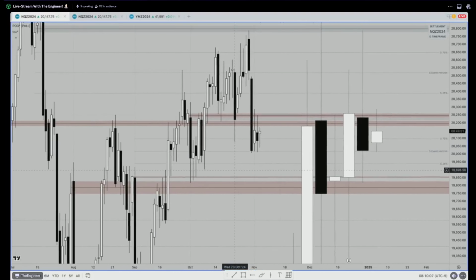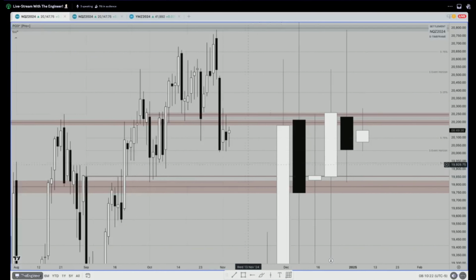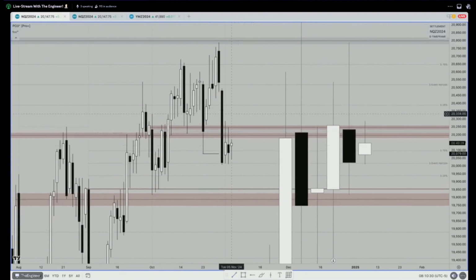Personally, I would like to take this low and reach the 50% of this gap. This is what I would like to see. But now we are trading inside of this candle after taking this short-term low here, and we can move a little bit higher from here.